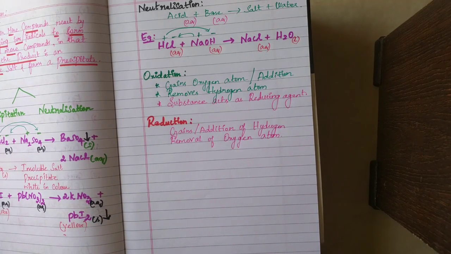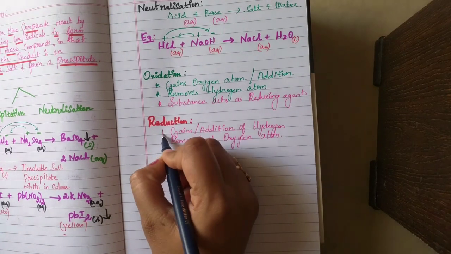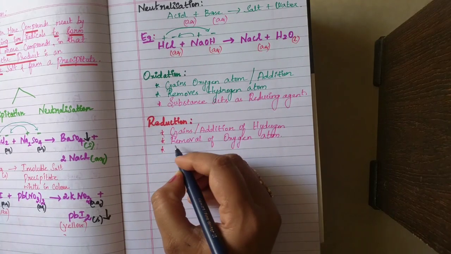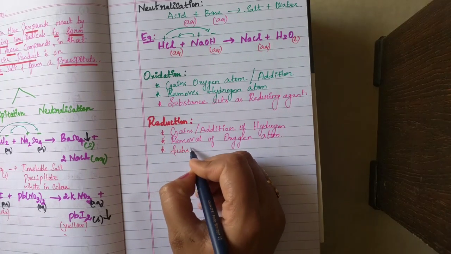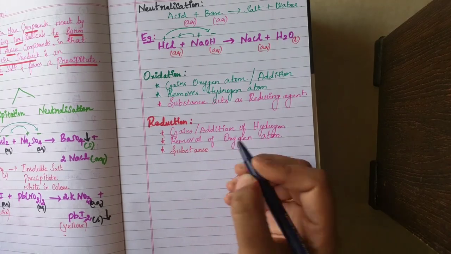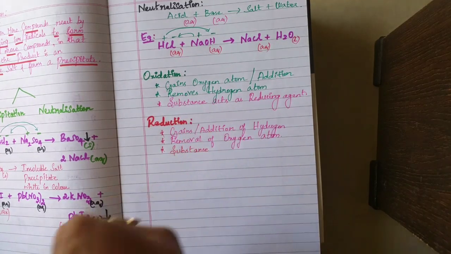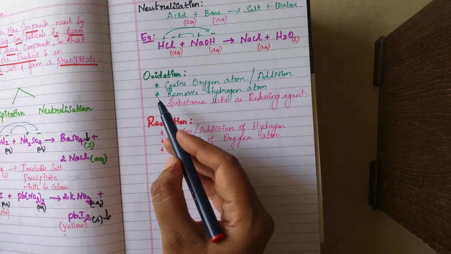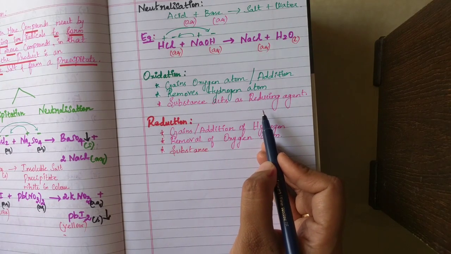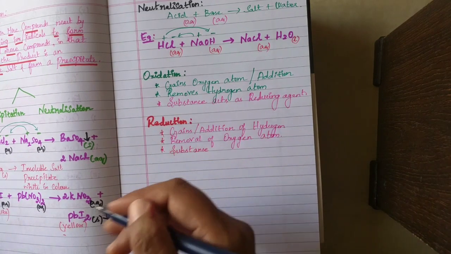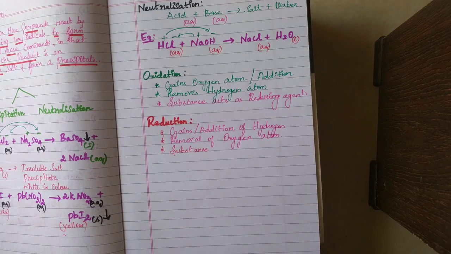Next, for reduction, the substance acts as an oxidizing agent. Here is the simple clue I am giving. Oxidation reaction means addition of oxygen, and the agent is the reducing agent, the opposite. That means the substance gives oxygen.